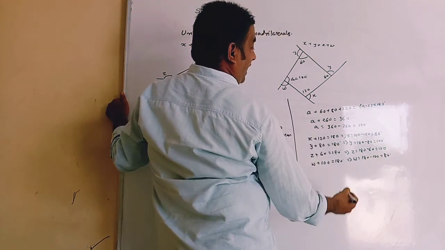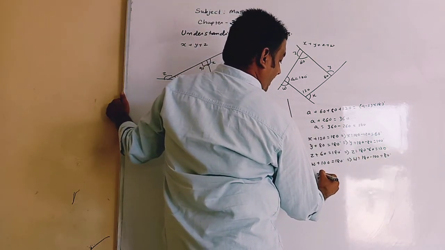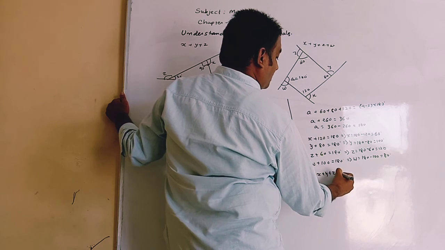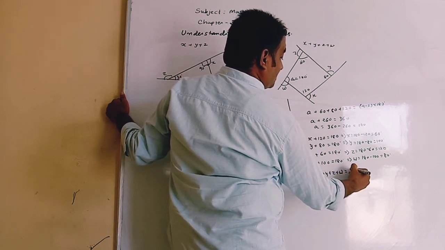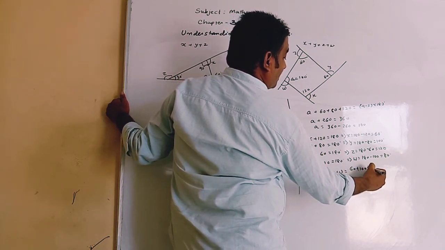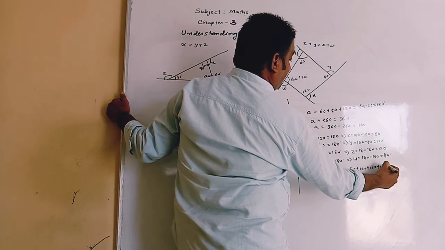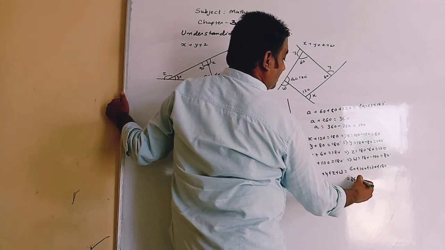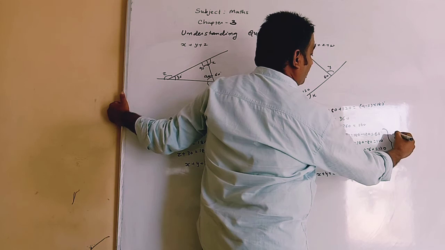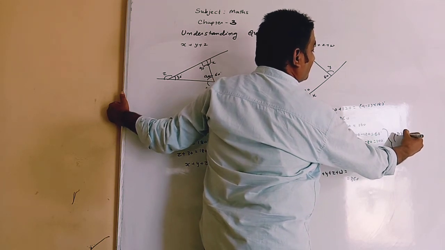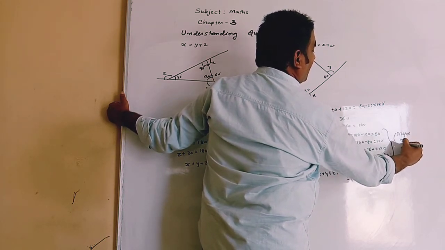So we add all these, x plus y plus z plus w: 60 plus 100 plus 120 plus 80, which is 360, and we found all of these through angles of a linear pair.